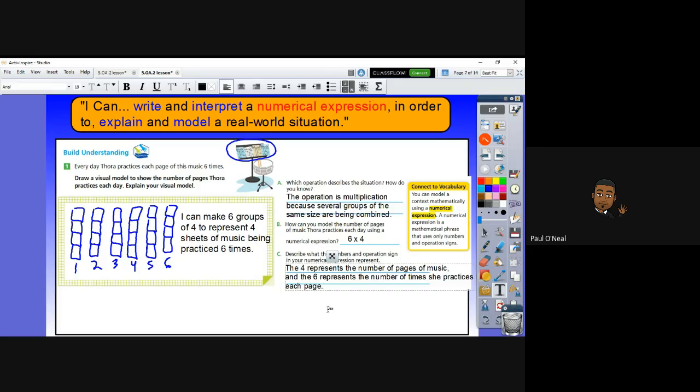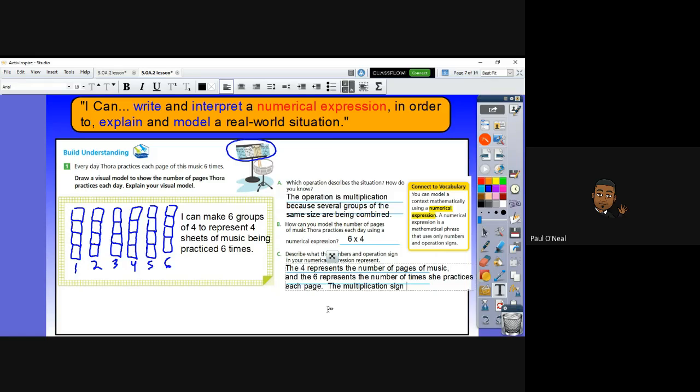It says describe what the numbers and operation sign in your numerical expression represent. So the 4 represents the number of pages of music. The 6 represents the number of times she practices each page. And the multiplication sign, you want to make sure you answer every question completely.